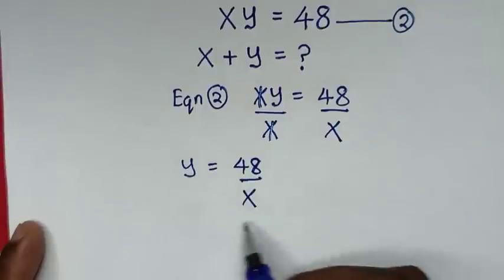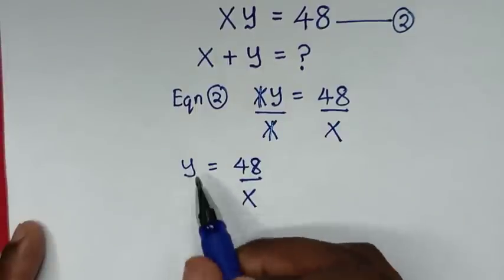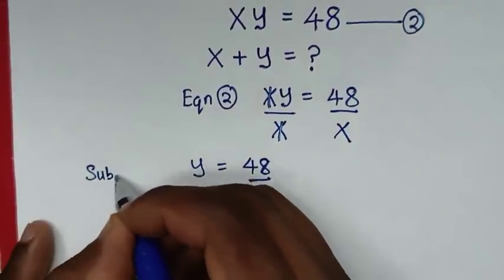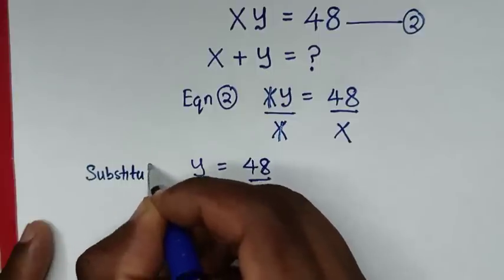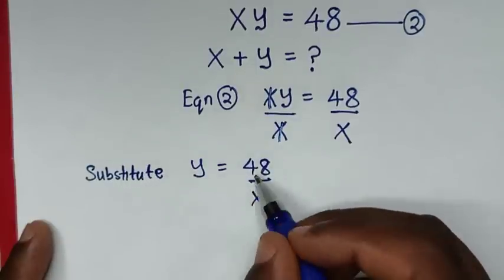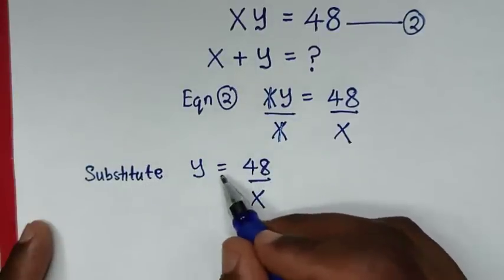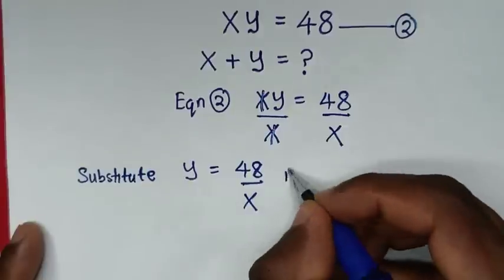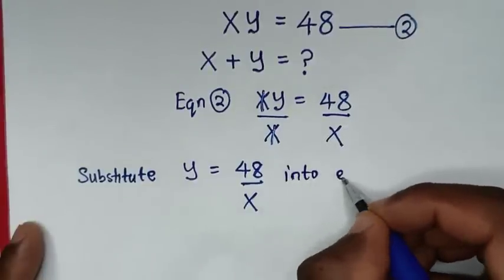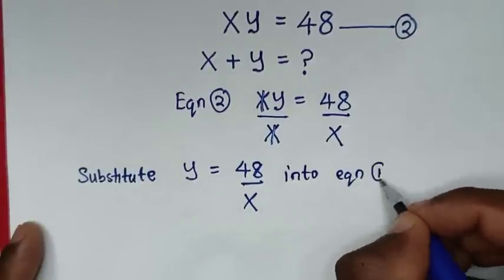Then we'll substitute this equation in terms of y, y is equal to 48 over x, into equation 1.